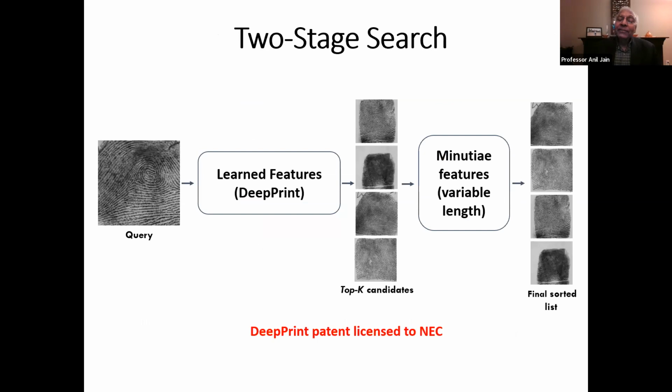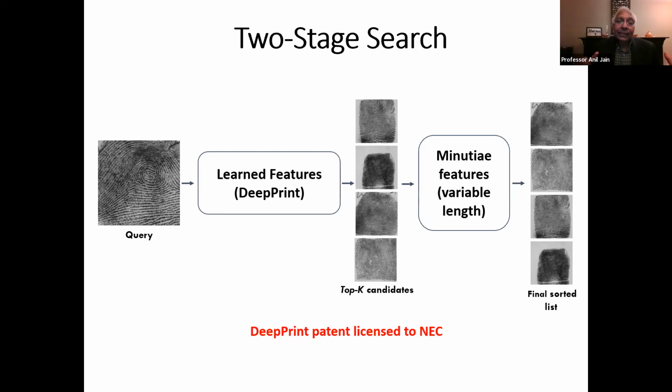So one of the reasons why this network learned features in combination with the handcrafted features are important is because if we have a 100 million gallery, 100 million users enrolled in a database, I can first use the query image, use the deep print to find the top K candidates. And then we use the proprietary minutiae based features to resort the list.